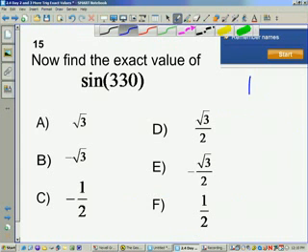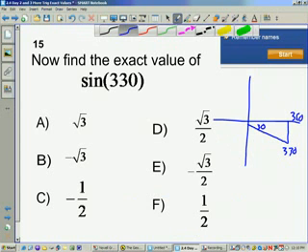Sine of 330. 330 was going around till we get down here. 330 would leave 30 degrees between 330 and 360. So that would be negative 1, root 3, and 2.